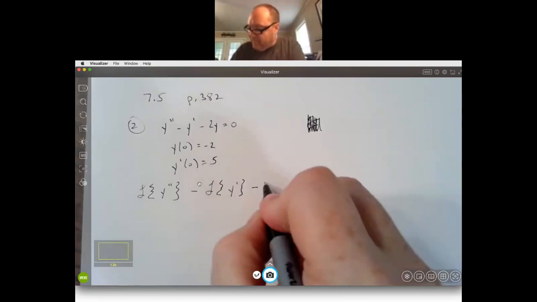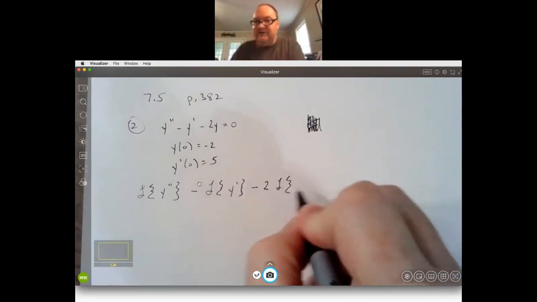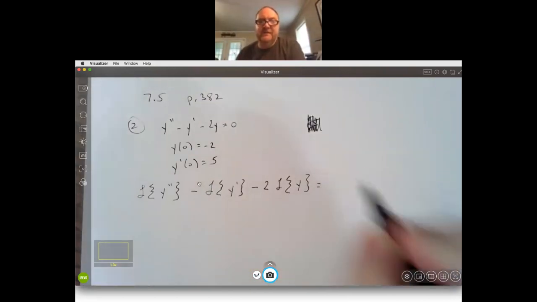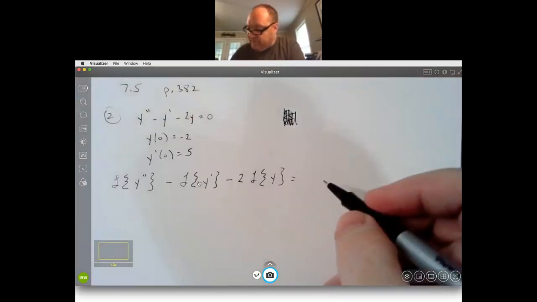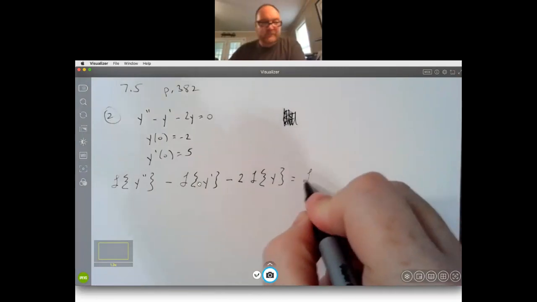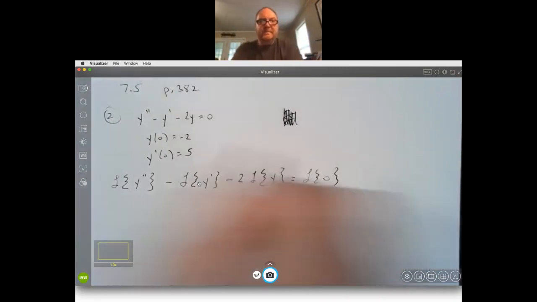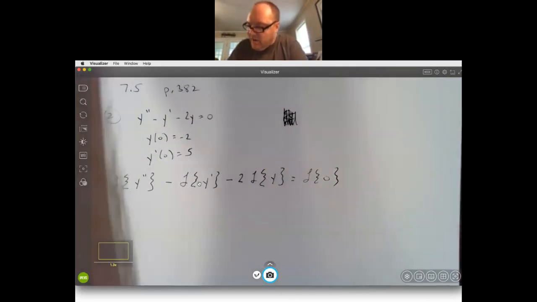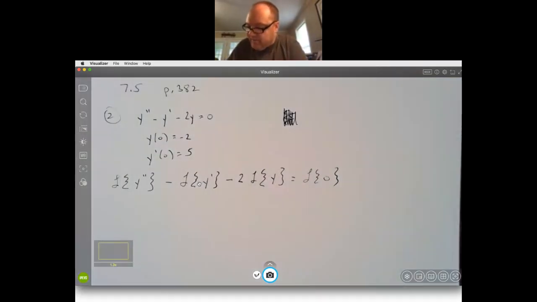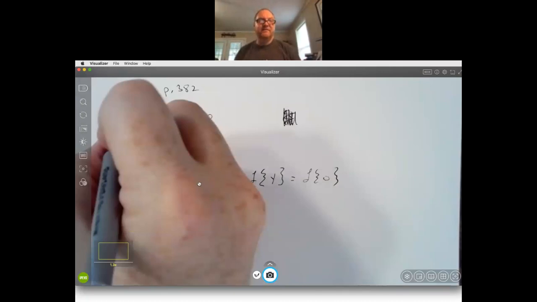We've done that before. The Laplace transformation of just a y function. And then, of course, the Laplace transformation of 0 is going to be 0. Okay, so not all operators work like this, y'all, but really I'm taking the Laplace of this entire deal.